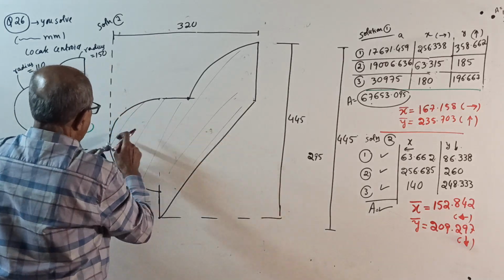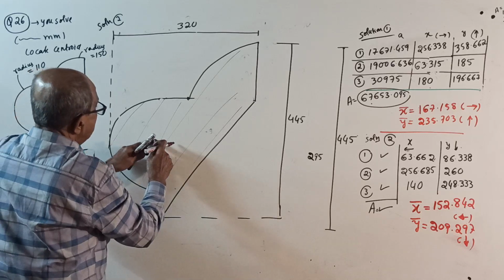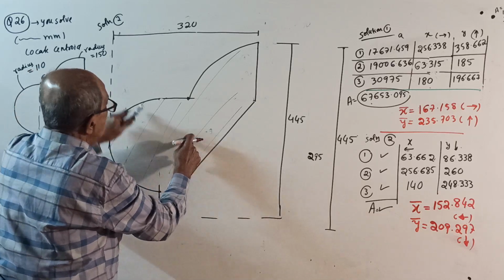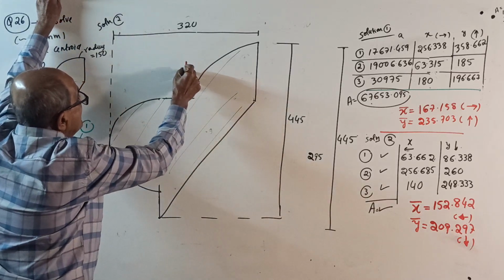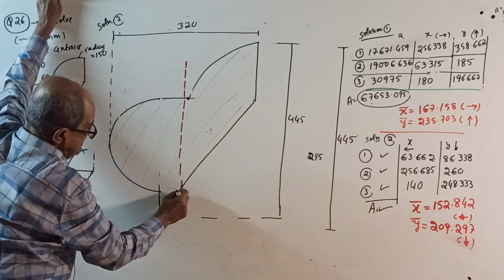157, 110. 110 plus 60 is 170, slightly earlier than this junction. Y means no answer from me.